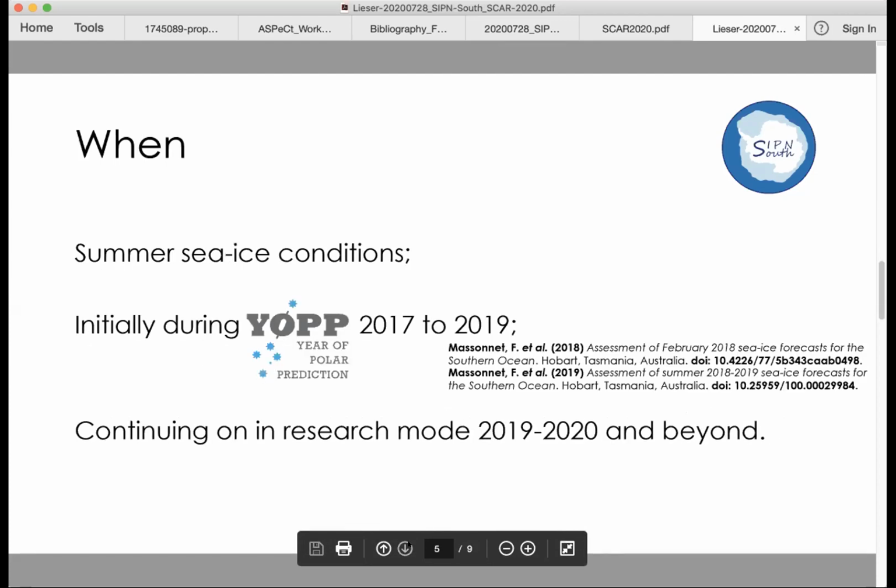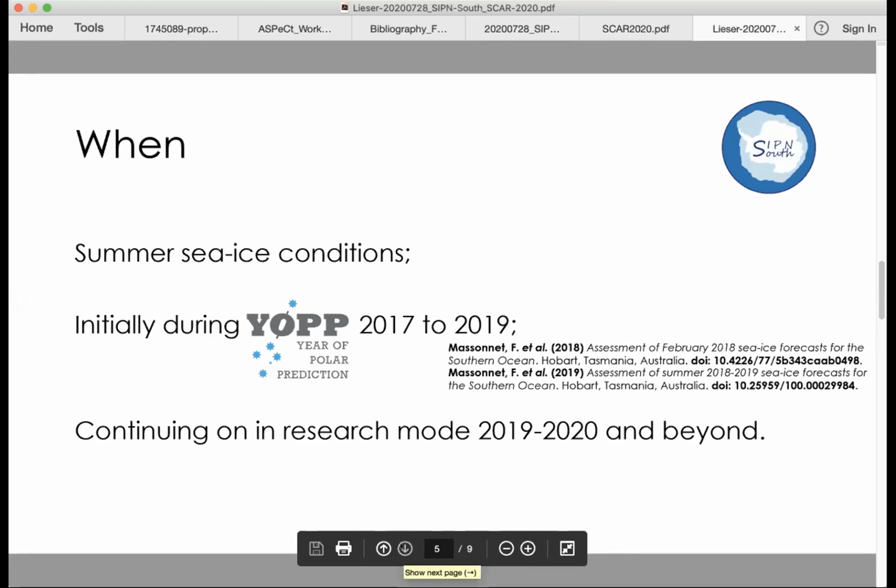we'll continue with when we did that exercise. We were soliciting summer sea ice conditions, that is December, January, February, initially only during the YOPP years of 2017 to 19. We have had 2 assessments of those summer seasons, and both of these assessments are available in the reports that we produced.